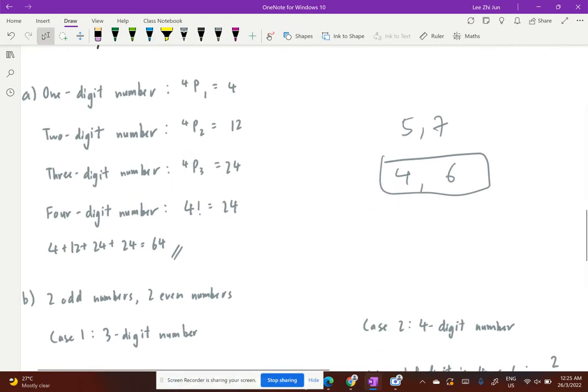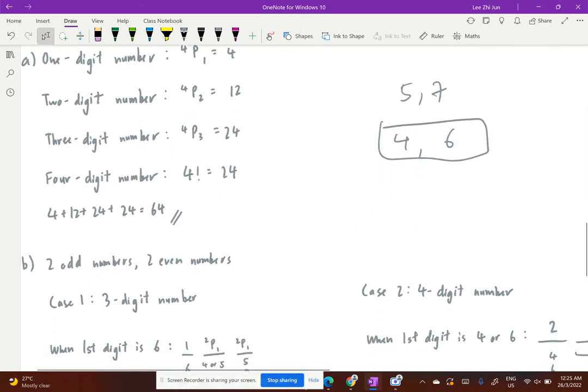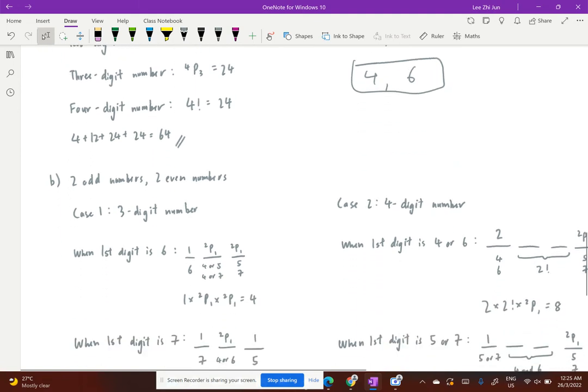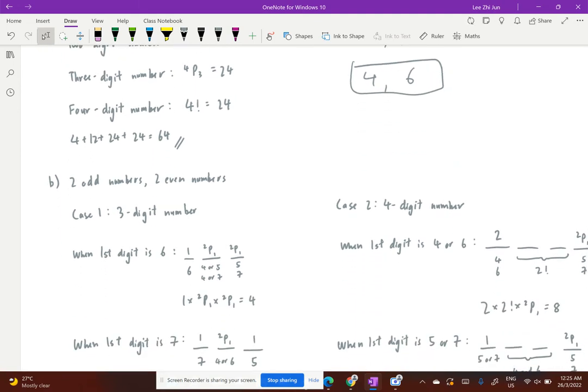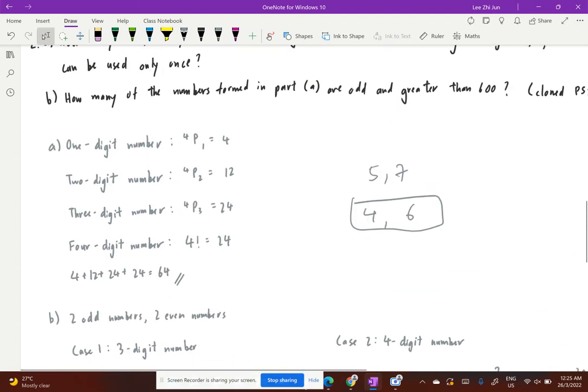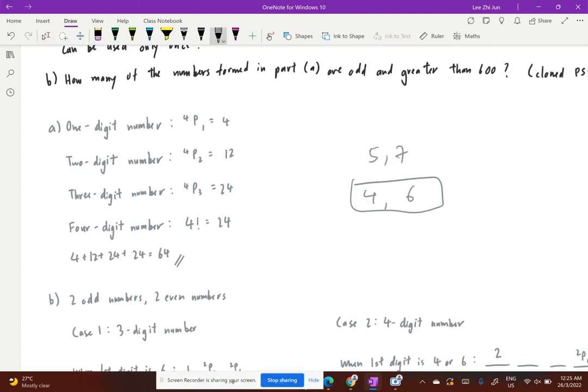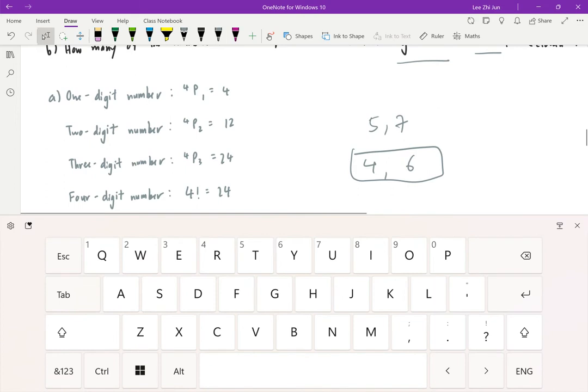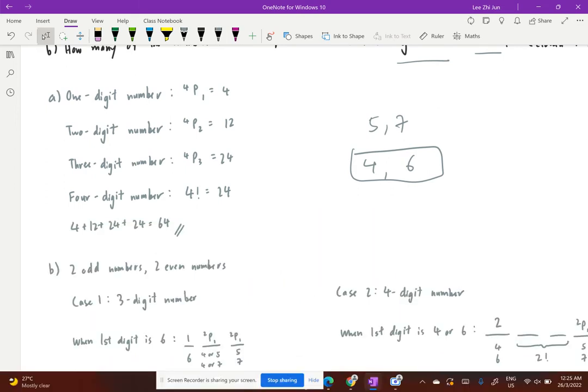The case 1 is the 3-digit number when the first digit is 6 and when the first digit is 7. It just says greater than 600, it does not say how many digits. So I can consider 4-digit numbers also, as a 4-digit number is also greater than 600. So let me count the 3-digit first.